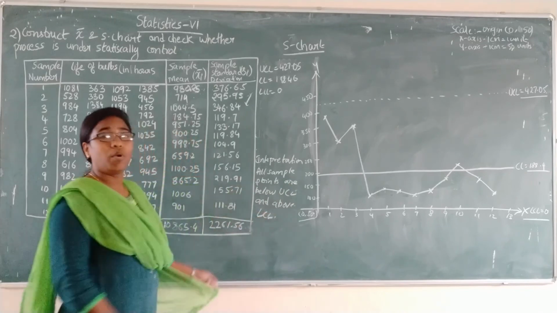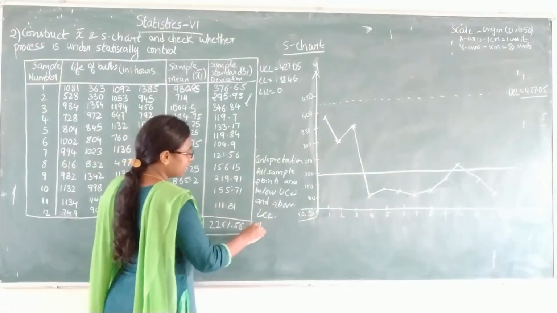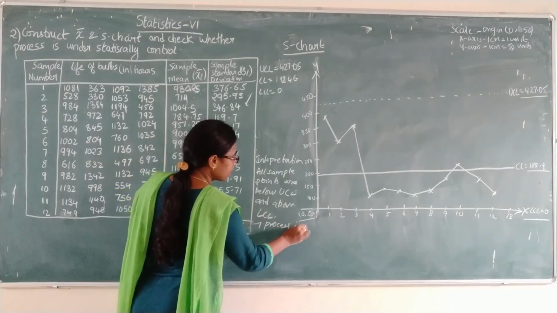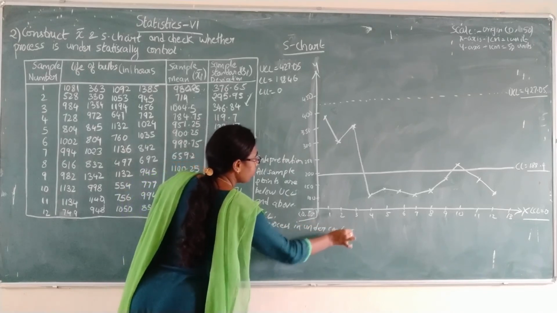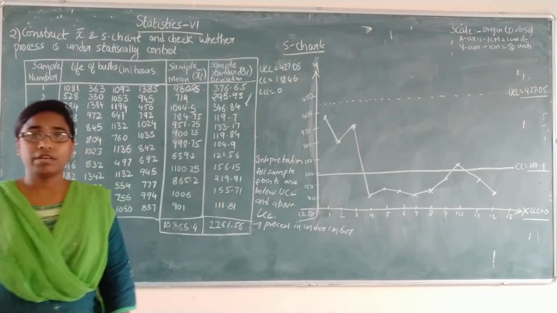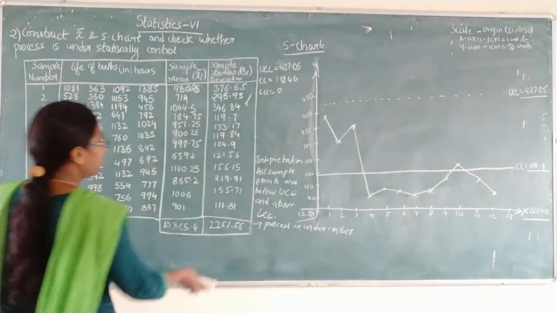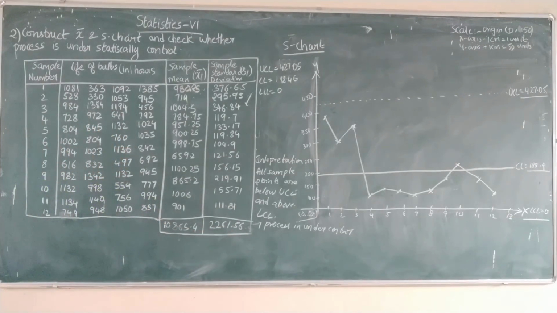So if all points are below the UCL and above the LCL, that indicates that the process is under control. Process is under control. So if we observe the mean chart we have constructed and also the standard deviation chart, both the charts are under control.